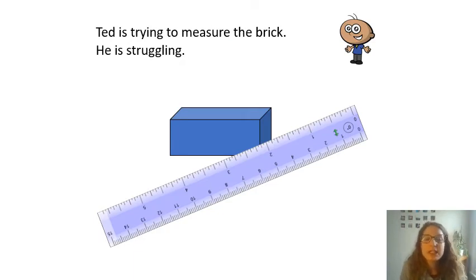Okay, Ted is trying to measure this brick, but he is finding it a bit tricky. So we need to help him out. Have a think, what tips could you give to Ted to make sure he is measuring that brick accurately? Let's see if any of your tips match mine. Remember, you can pause it if you need to think of them a bit more.